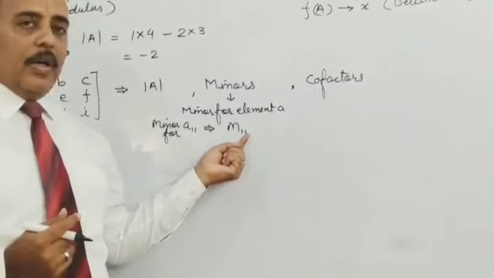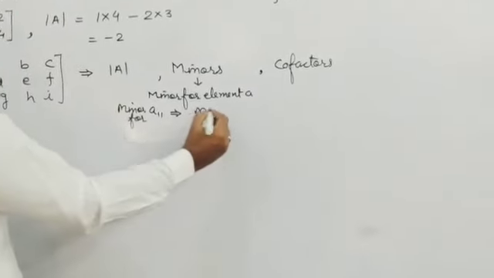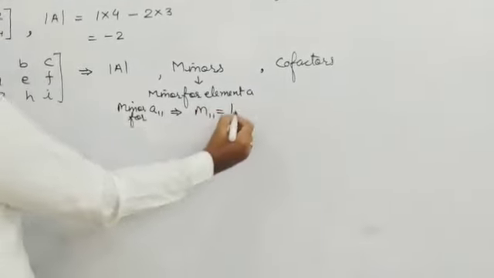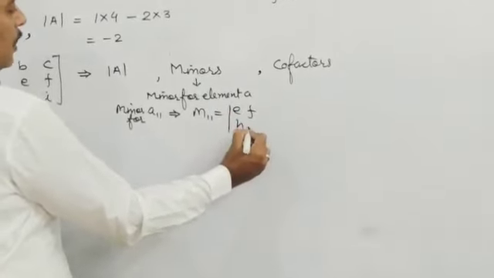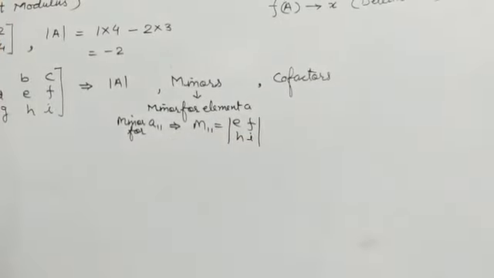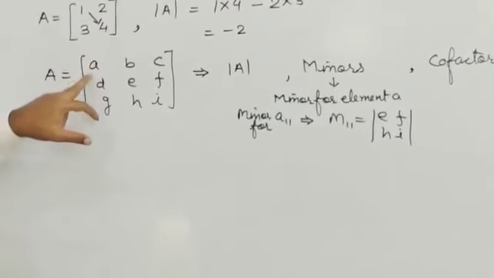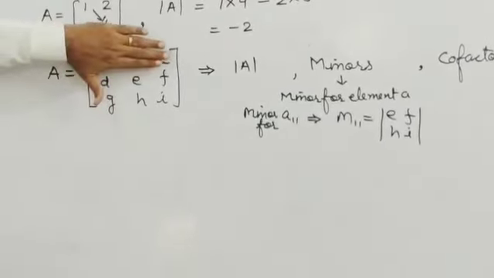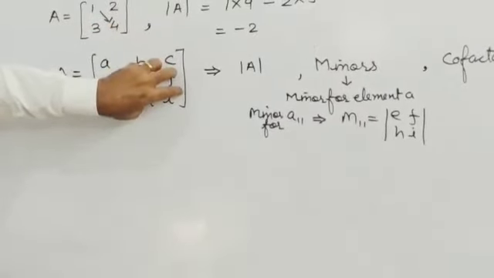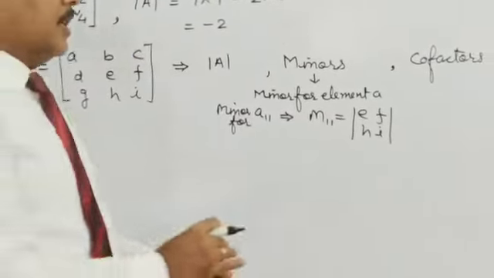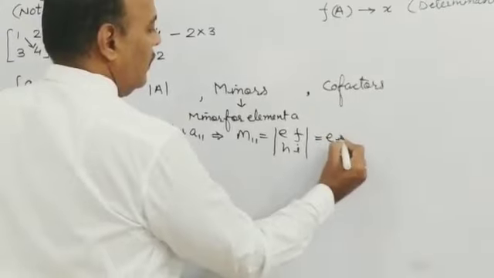So the minor for 1 1 is given by a determinant that is EFHI. Just hide the column related to this element and the row also. Then whatever elements we are getting, the value of their determinant is the minor for that element.